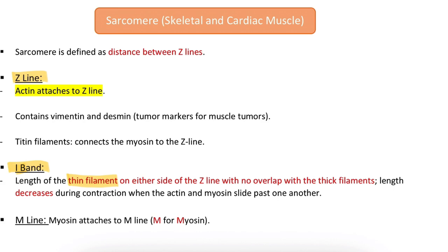It spans across two sarcomeres on each side of the Z line. This I band gets shorter during contraction. The mnemonic is: I band is isolated thin filament that decreases during contraction.